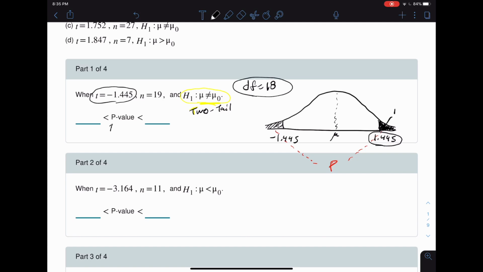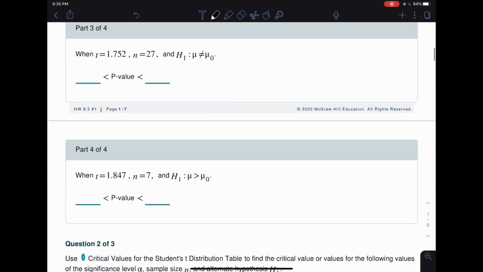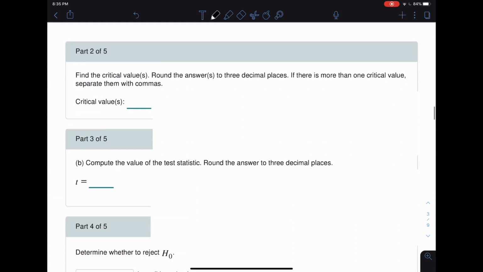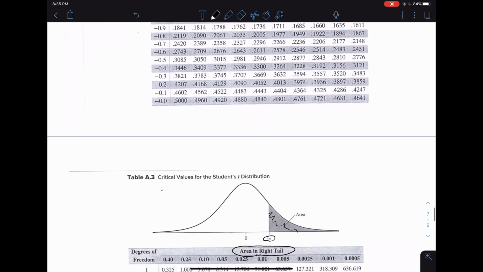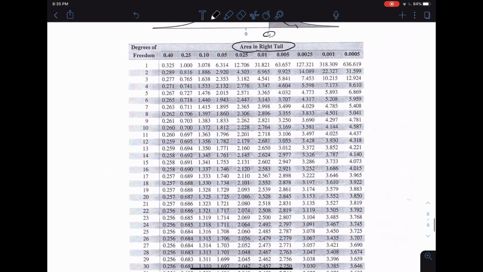That's all I need to know. So let's go find that. There's z, and let's go to t. We said the degrees of freedom are 18, so that's going to be right along there, and we're looking for a value of 1.445.